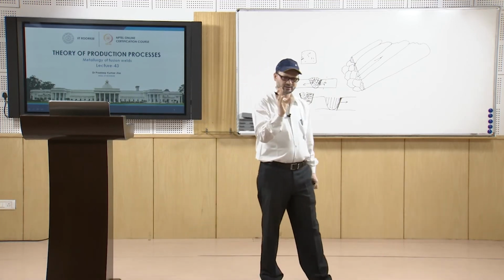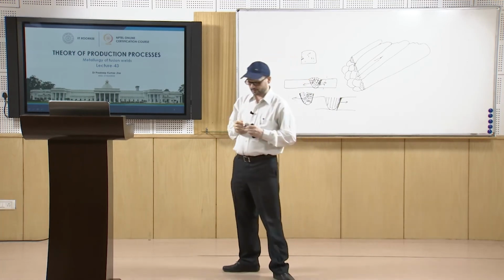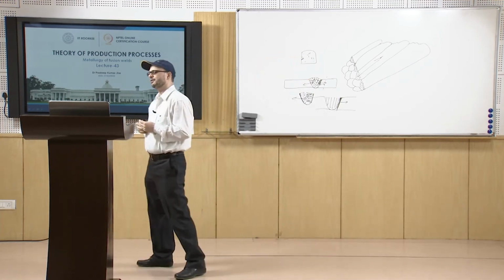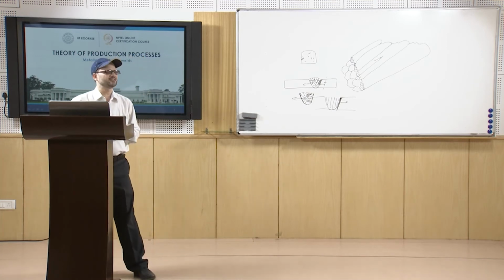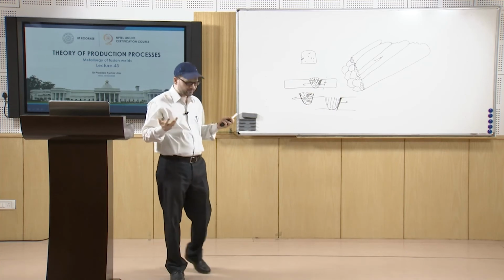So first is the weld metal zone, then the heat affected zone, then the zone of unchanged base material. In the unchanged base material, the peak temperature normally goes up to about 550 degrees centigrade.